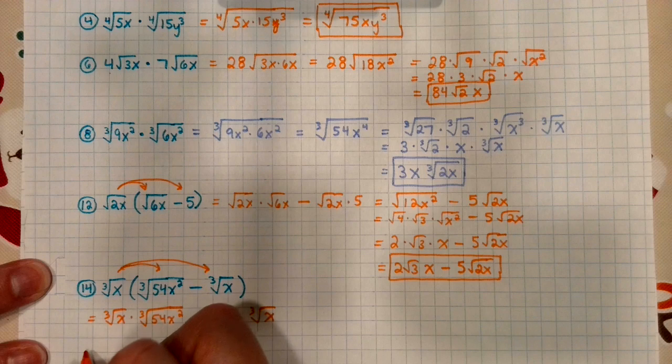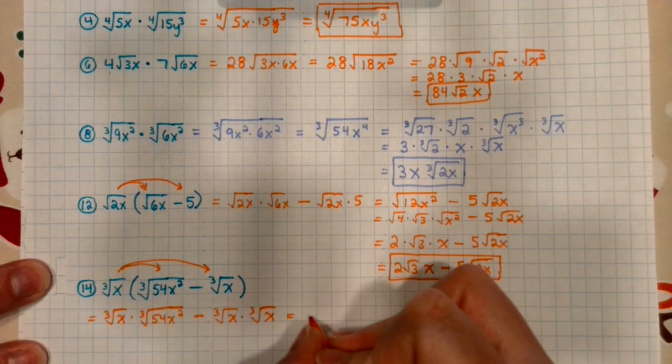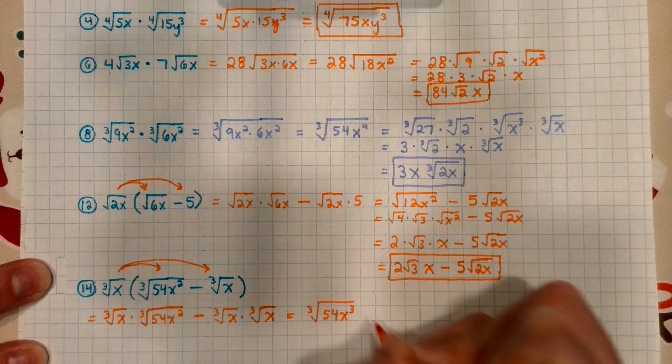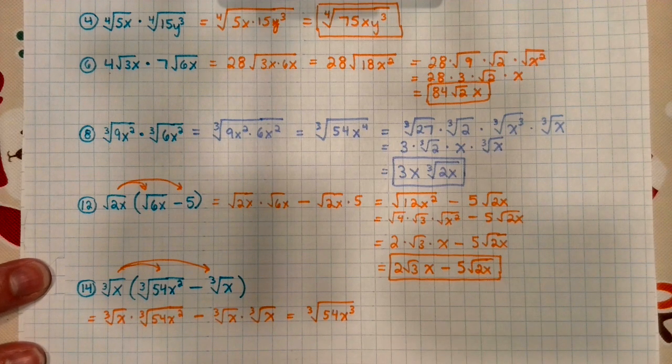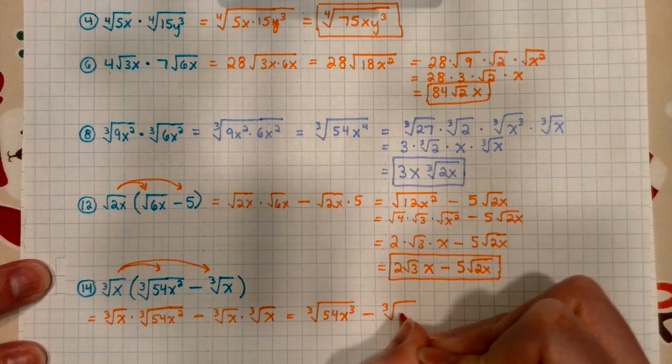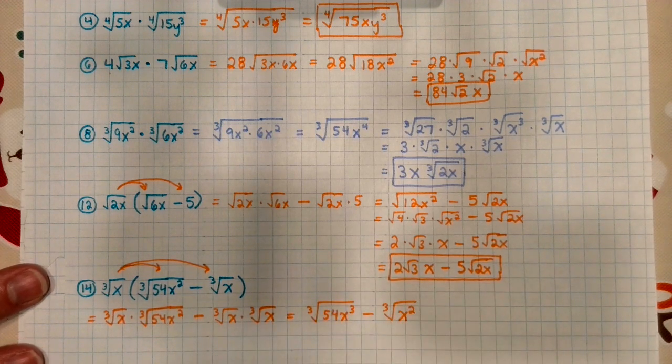So this here is going to turn into the cube root of 54x to the 3rd. And the cube root of x times the cube root of x is just going to end up being the cube root of x squared when we do x times x.